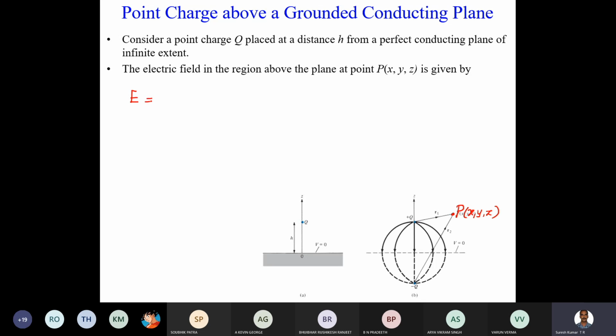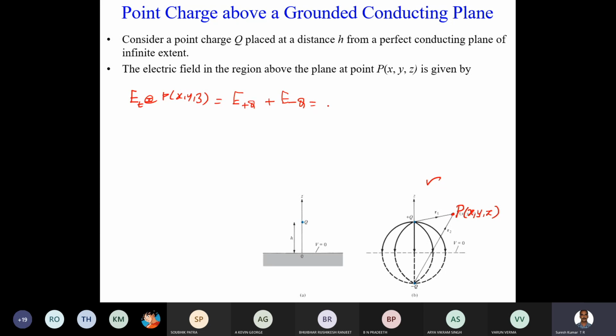Now consider this image picture. Now it's easy, right? We don't need to bother about the metal and all this stuff. The only thing is two charges. So the total electric field at the point P(x, y, z) is equal to the electric field due to this point charge plus the electric field due to the negative charge.